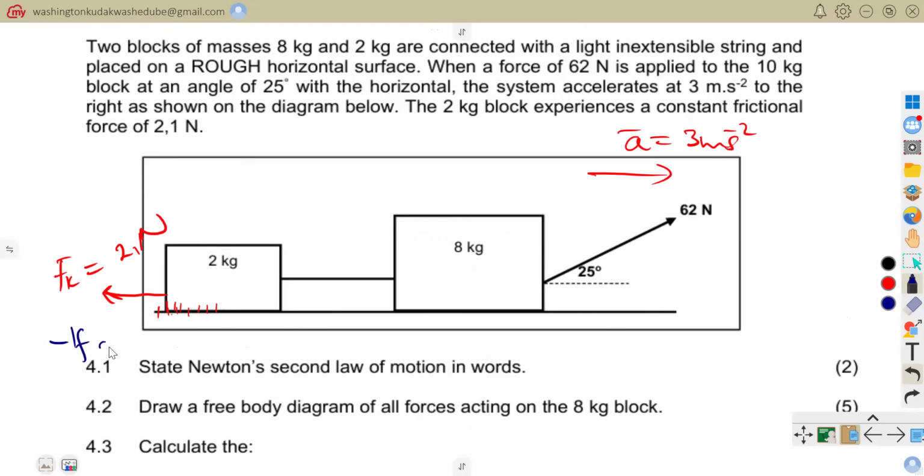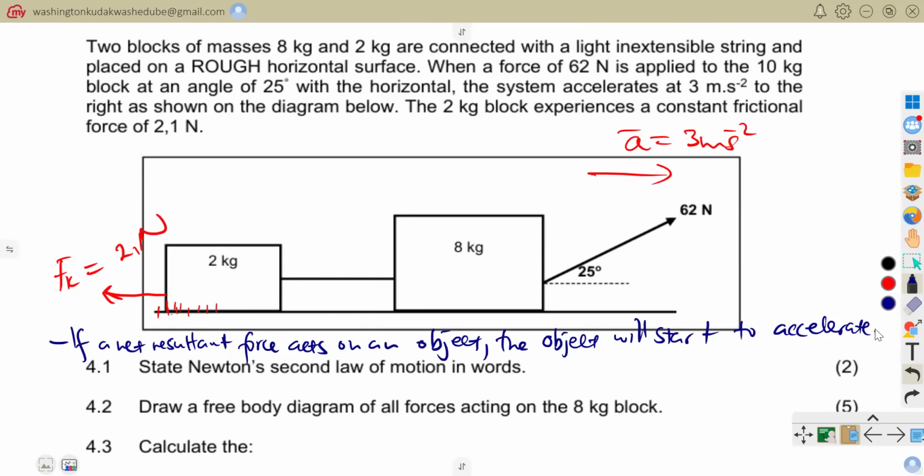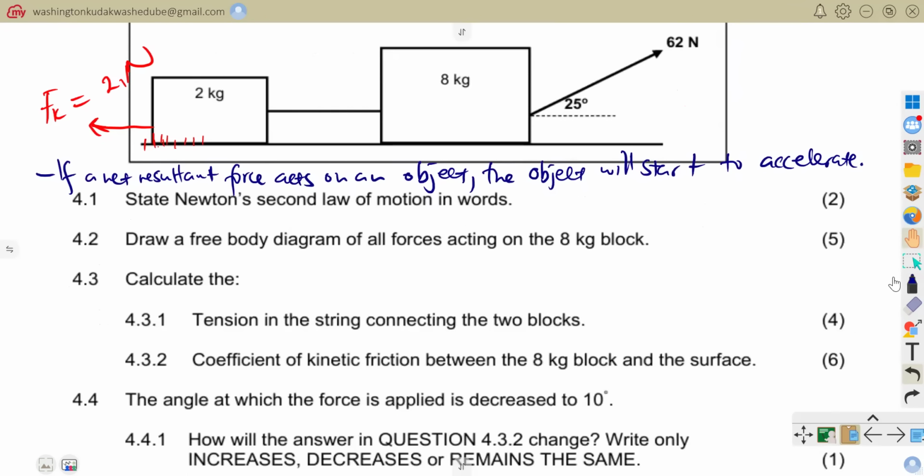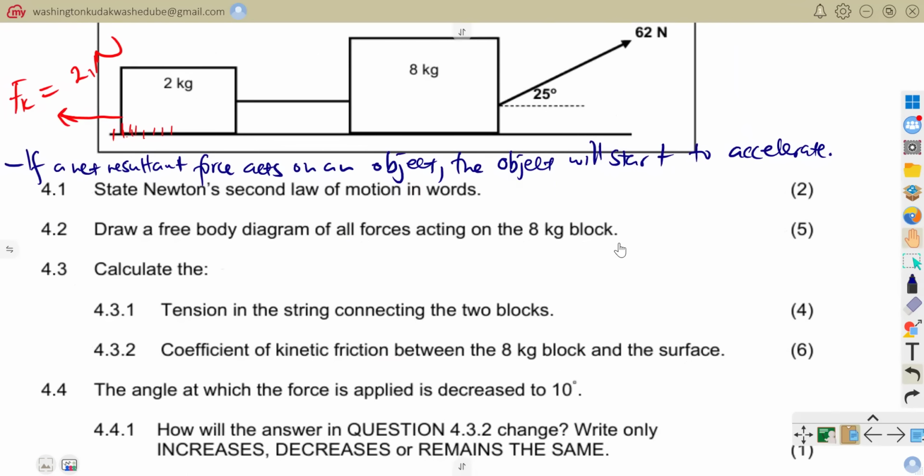You would say that if a net resultant force acts on an object, the object will start to accelerate. The object will start to what? To accelerate.